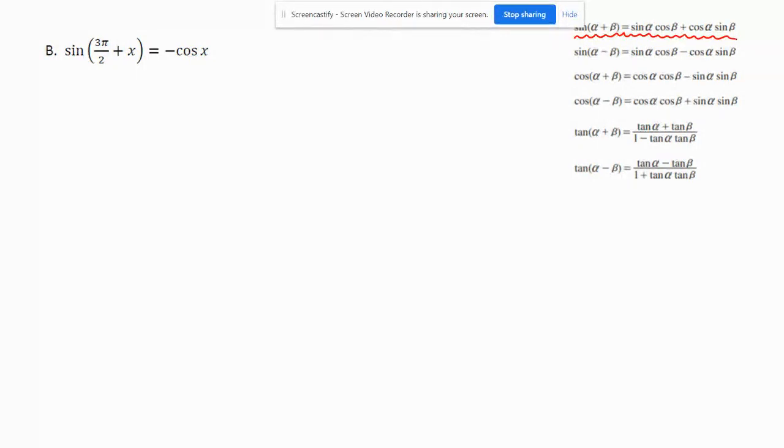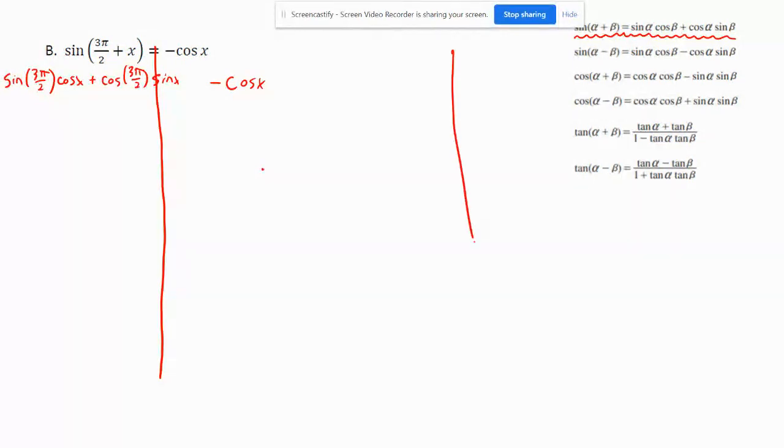So applying this identity to the left-hand side, we get sine 3 pi over 2 cos x plus cos of 3 pi over 2 sine x. And we're trying to get this to equal negative cosine x over here.